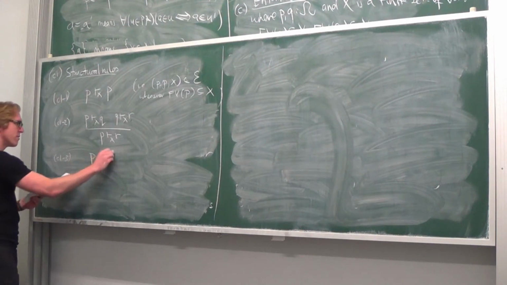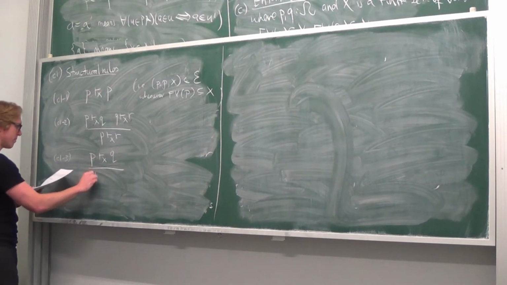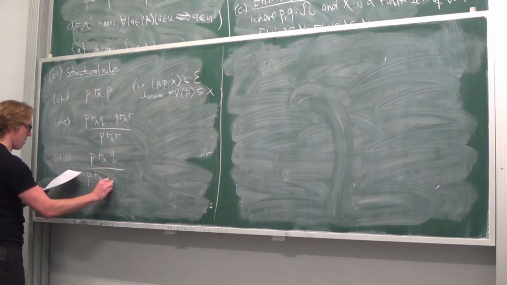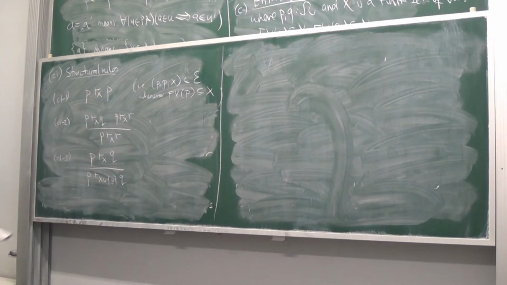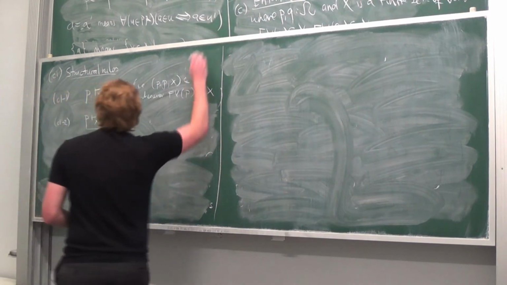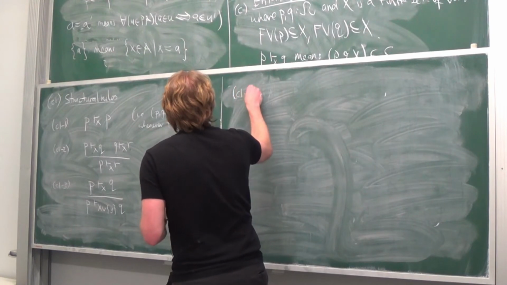You're allowed to add anything you like to the context. Okay, no constraint on the y, right? Just any variable. The interesting one is this one.